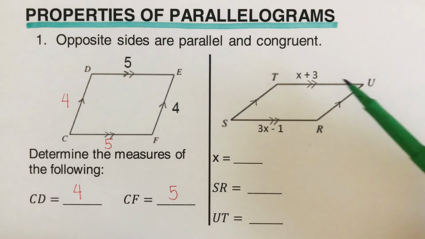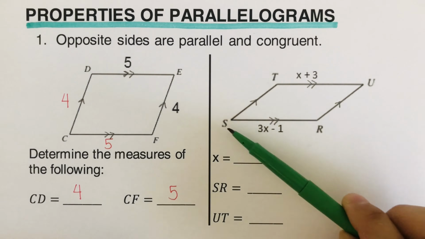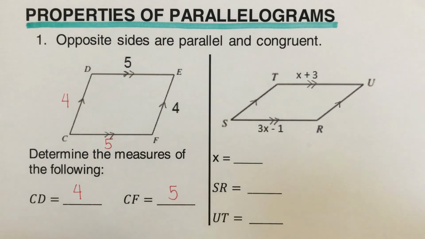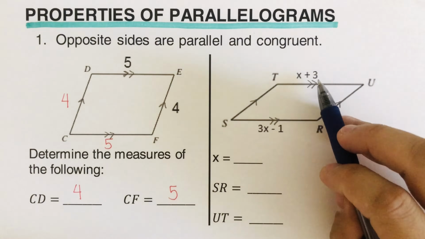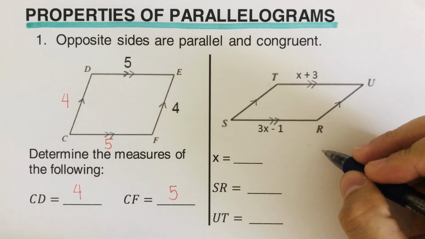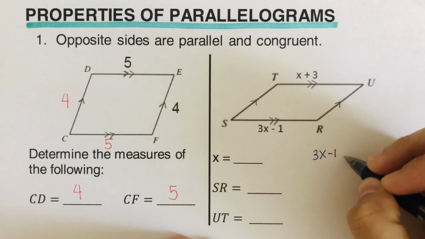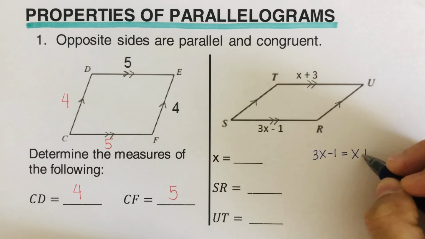Since sides UT and SR are parallel and congruent, in order to solve for X, we are going to set them equal to each other since they are congruent. So I'm going to set this up: 3X minus 1 equals X plus 3.